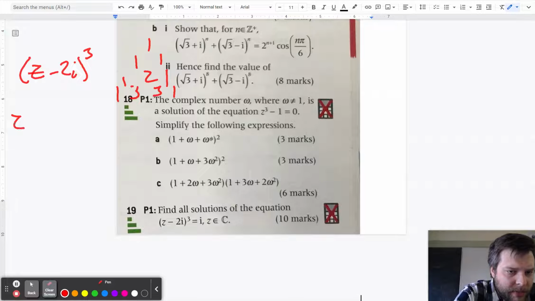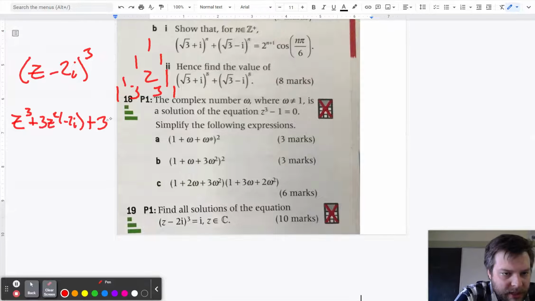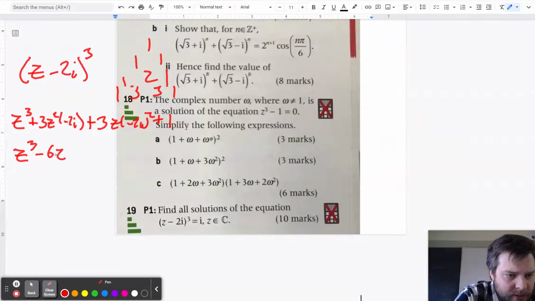So that would become z³ + 3z² times (−2i) + 3z times (−2i)² + ... I think this is going to suck. Okay, z³ − 6iz² − 12z.